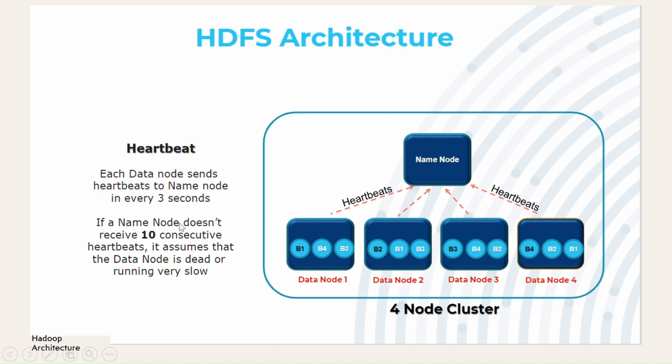If the name node doesn't receive 10 consecutive heartbeats, it assumes that the data node is dead or running very slow.